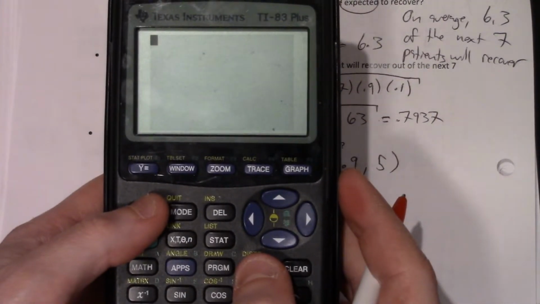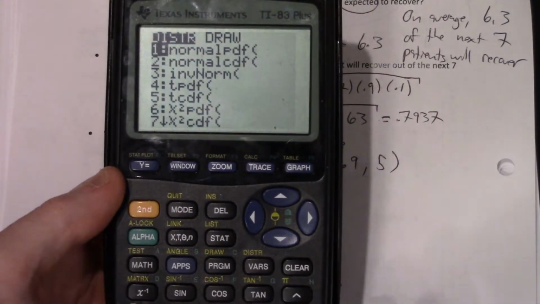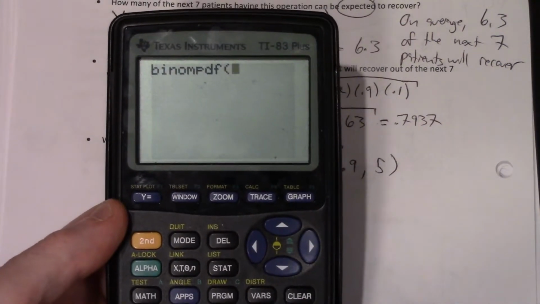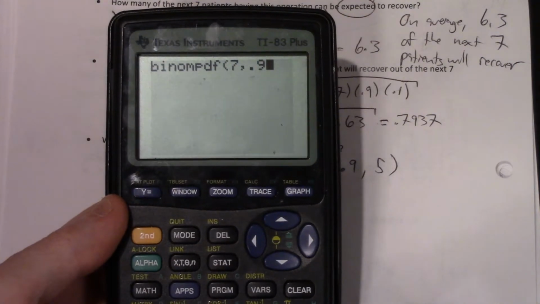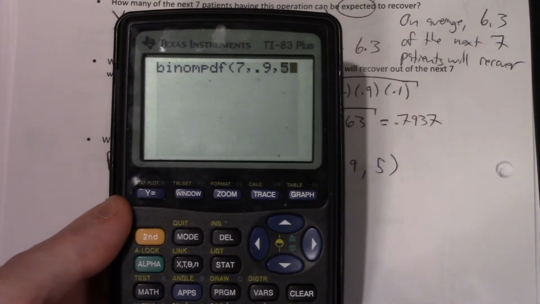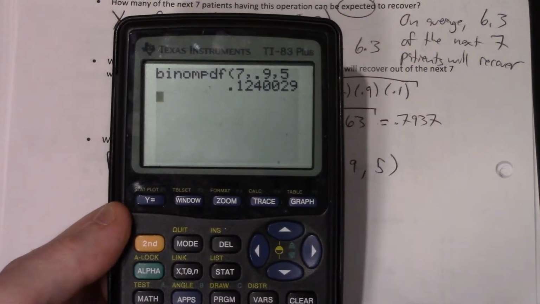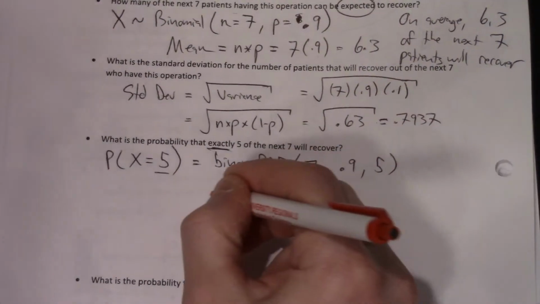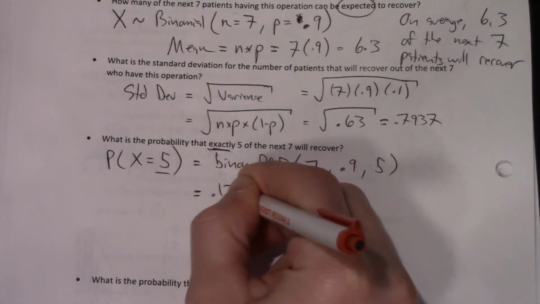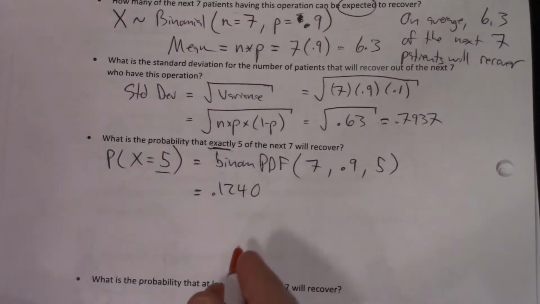So second vars, go to the binomial PDF. N is 7, comma, P is 0.9, comma, and we want 5 successes. And there you go, 0.1240. Okay, so what does this mean?